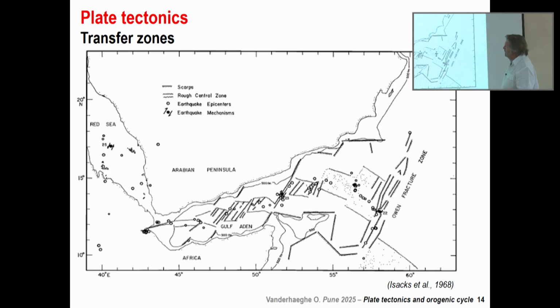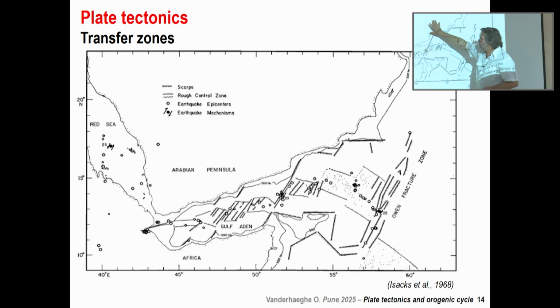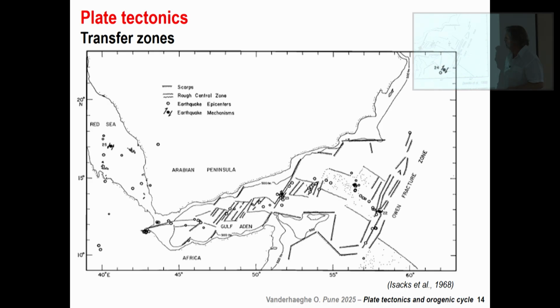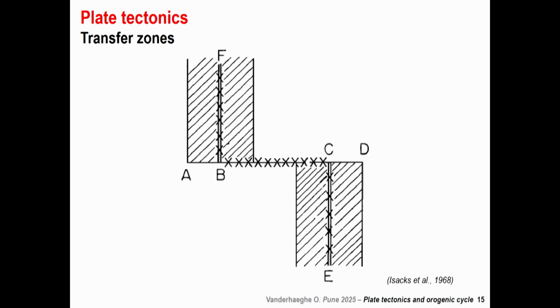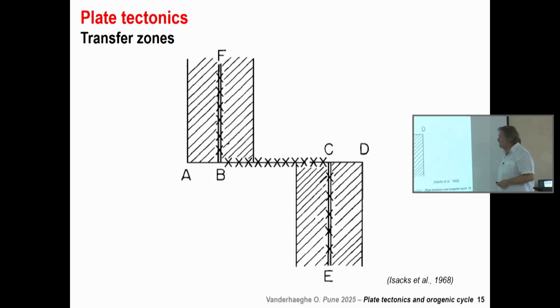That's the one in between the Arabian Peninsula and Africa, with same ridges, transfer faults. So that's a schematic representation by Isaacs, 1968. So all happened in 1 year. All these were put together in 1 year.